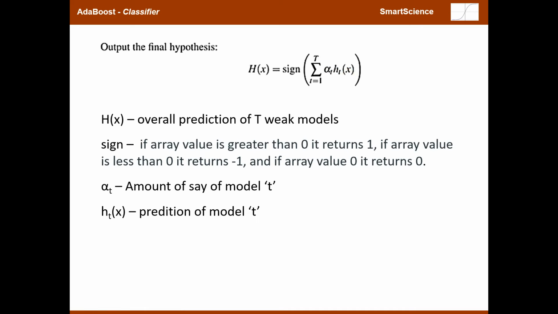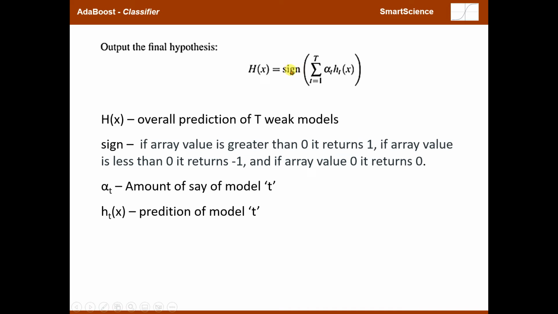Now what we are going to do is just multiply the prediction with the amount of say and add up for each observation, so this is done for each observation and for each tree. Then inside this bracket we get a value, negative or positive.